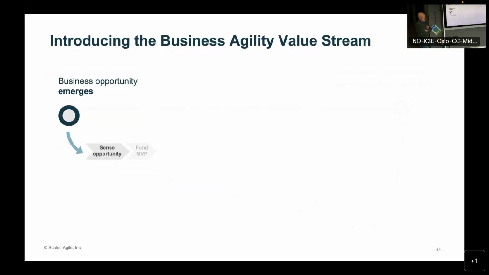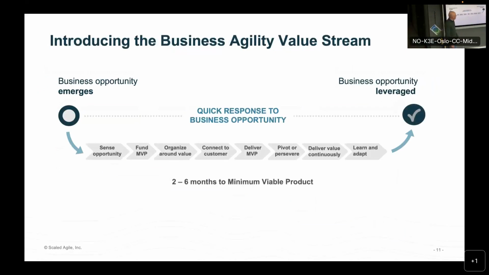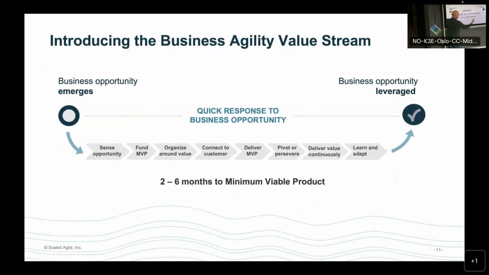And that's where they introduce the business agility value stream. So I will take you through these steps. So what we really try to do is to close the gap between having a bright idea to actually leveraging the opportunity. Down to, instead of 18 to 24 months, we go down to typically like 2 to 6.